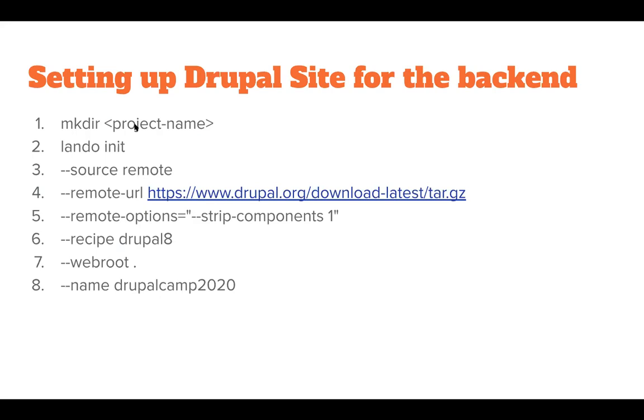So we define the source remote. Then the remote URL is from where we're going to download the Drupal project. Then remote options. Then we have here the recipe, of course Drupal 8, and then the web root. We're just going to use the default path, which is the root folder. Then we're going to name our site DrupalCamp 2020.